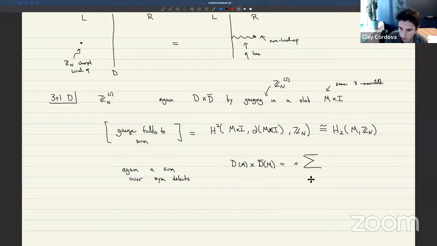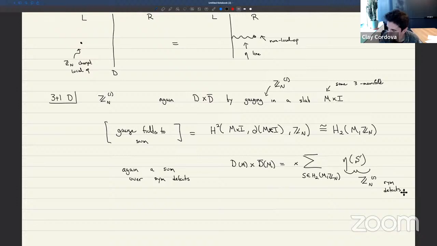These are the non-trivial gauge fields. So S in H_2 of M, Zn. And now the Wilson surface, eta of S. So these, I remind you, are the Zn 1-form symmetry defects. Okay, X, again, comes from the normalization of the partition function.